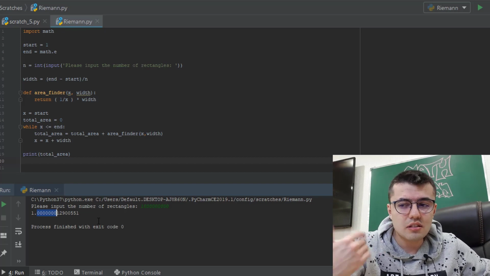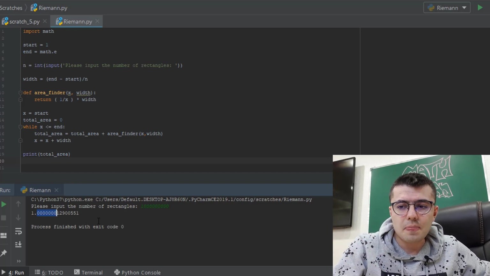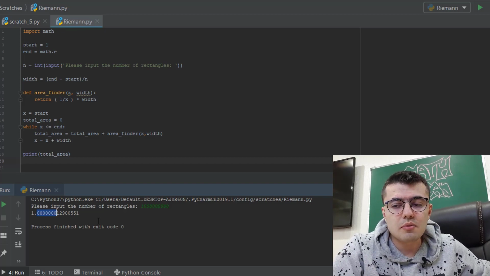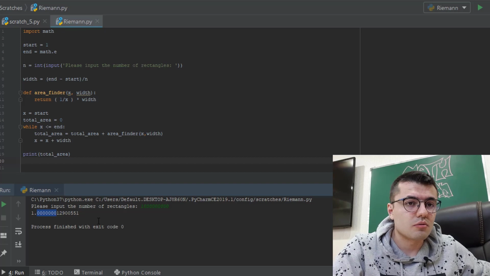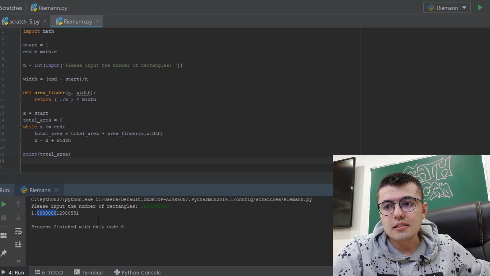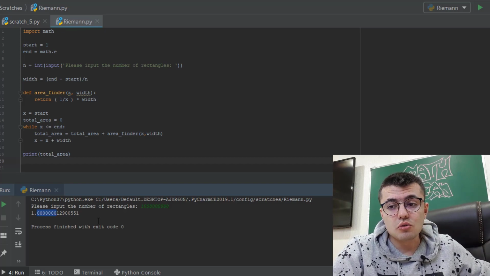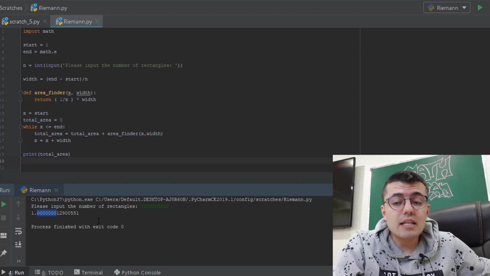If we continue increasing the number, like if I had a stronger computer, we could have increased the number of rectangles to, I don't know, several billions, and it will become more and more close to 1. So that's it.